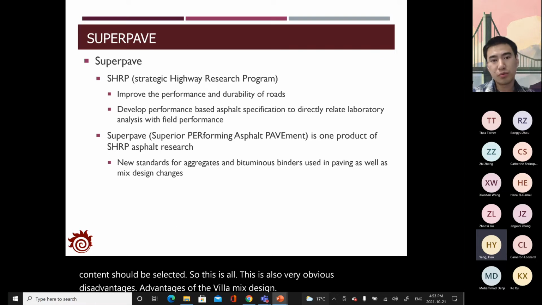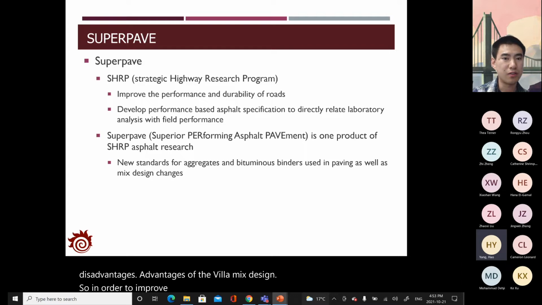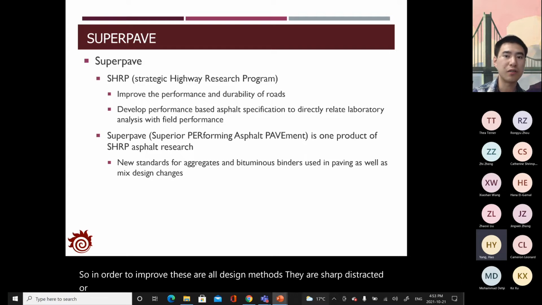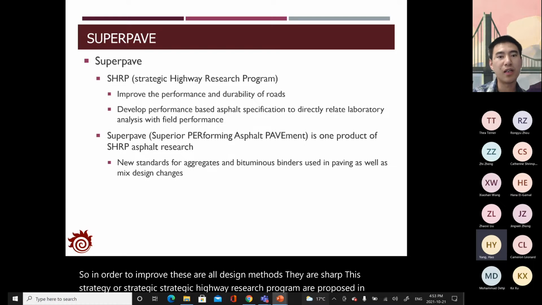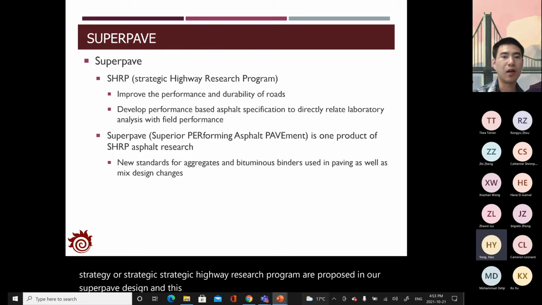So in order to improve on these old design methods, SHARP, the Strategic Highway Research Program, proposed the SUPERPAVE design, which can improve the performance and durability of the pavement structures.